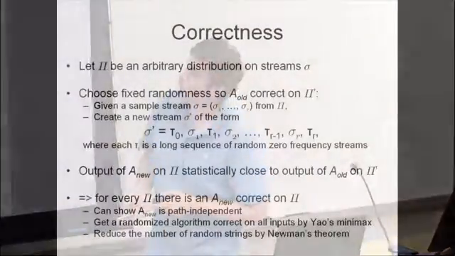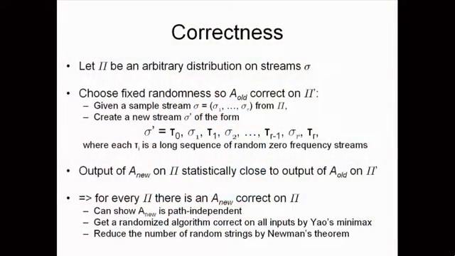Now, why do we have a correct algorithm? What we're going to show is that for every distribution pi on streams sigma, we have a path-independent automaton which succeeds with high probability over streams drawn from this distribution pi.